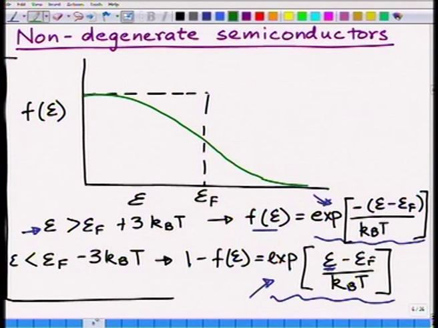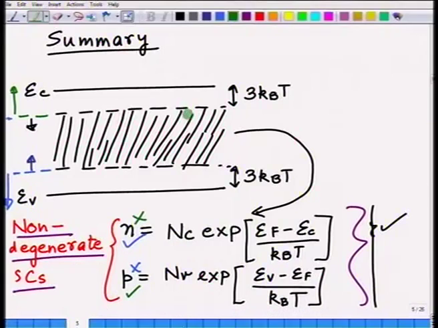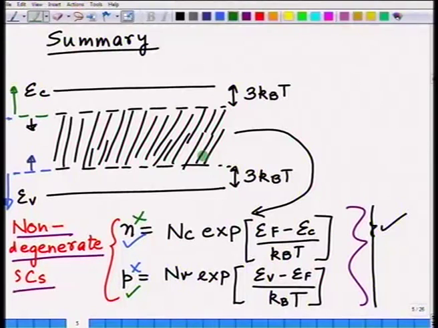The point therefore is that the behavior of the electron is somewhat classical when the Fermi energy lies in this range. So, you can think of this as a non-degenerate semiconductor or a classical semiconductor when the Fermi energy lies in this shaded region. Otherwise, of course, you have to use the Fermi-Dirac distribution for Fe, the full distribution, which results in the Fermi-Dirac integral of order half, and that has to be evaluated in that case.